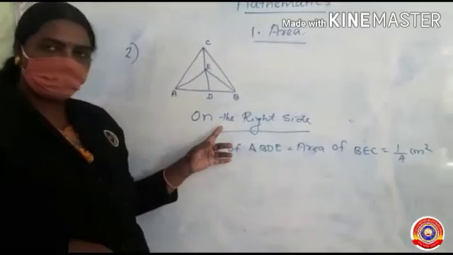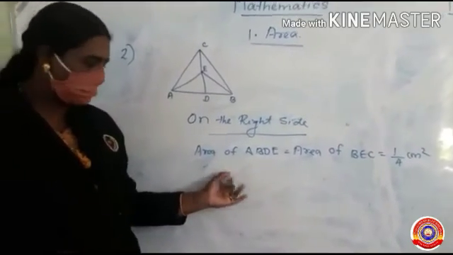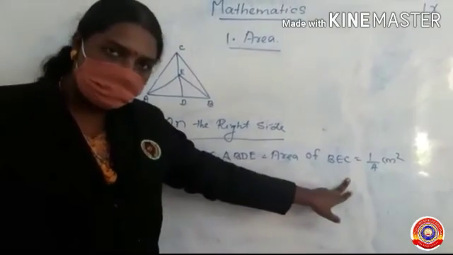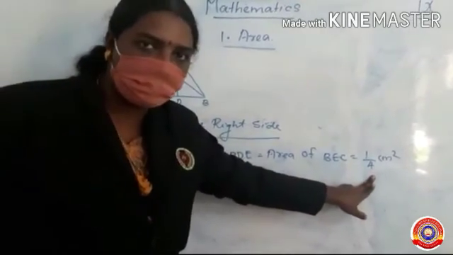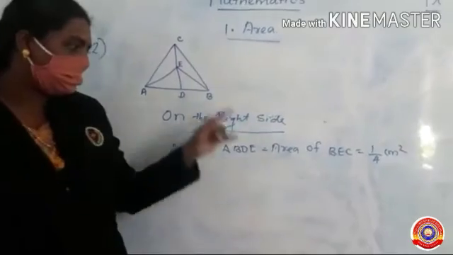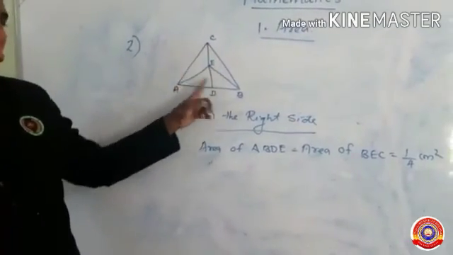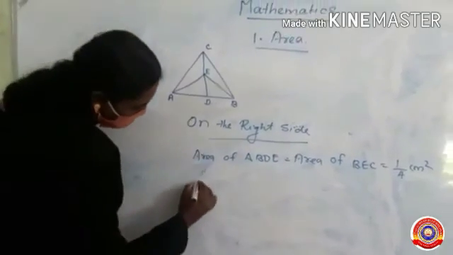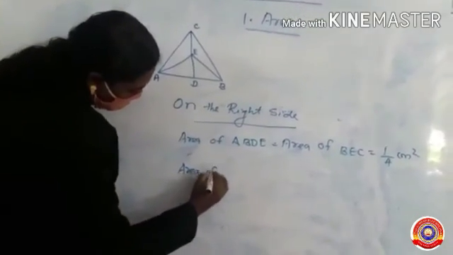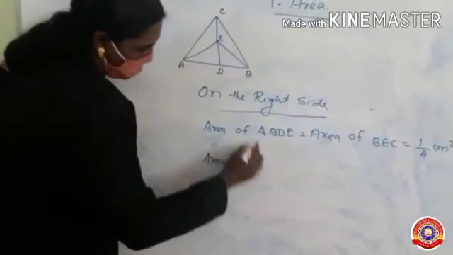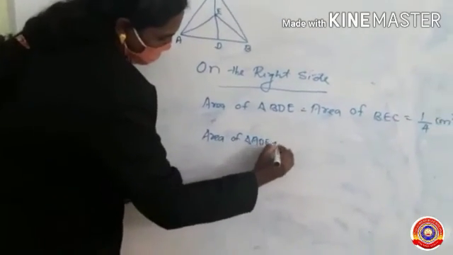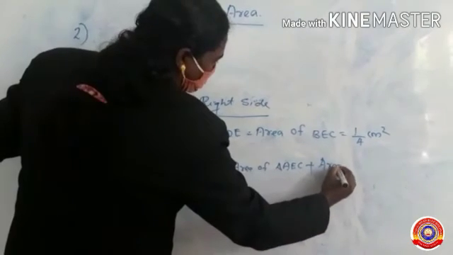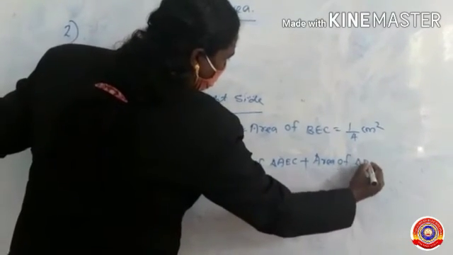Next, on the right side, the area of triangle BDE equals the area of triangle BEC equals 1 by 4 centimeter square. Next, we have to take the sum of the areas of all the four triangles. That means area of triangle ADE plus area of triangle AEC plus area of triangle BDE plus area of triangle BEC.